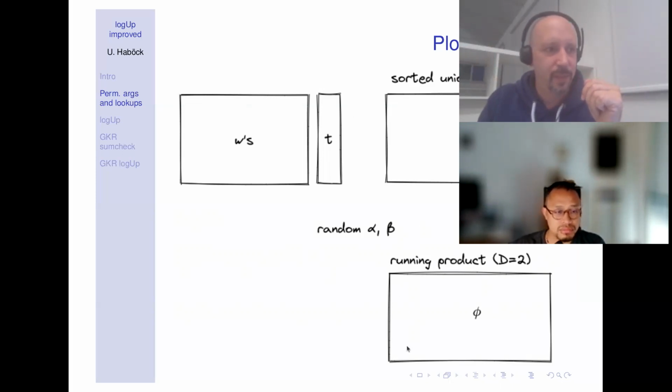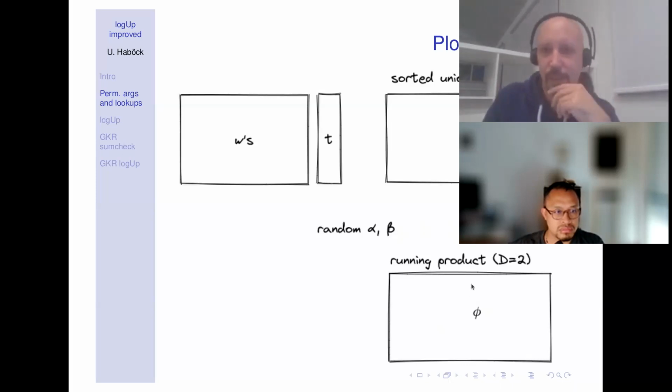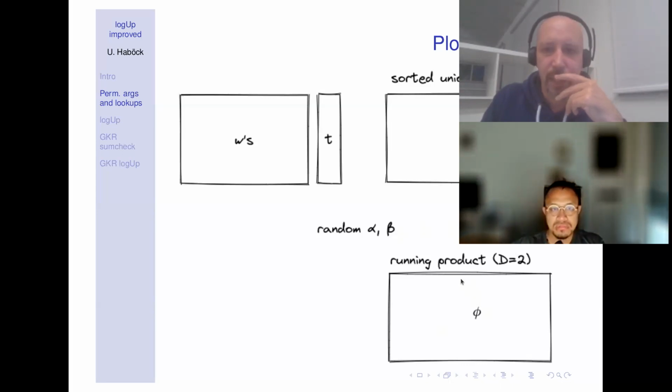Okay, so that means you provide all of it. It's like you need that anyway, and you need to provide twice as much. So overall, you have another 2 blocks of the same size, and that's very unsatisfactory. So this is the situation that you face with the multiplicative view of lookup.